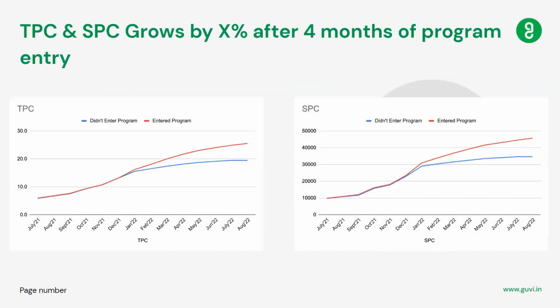So we see that TPC and SPC, the transactions per customer and spend per customer, grow by X% after 4 months of program entry. As you see, till December the customers are completely matched.